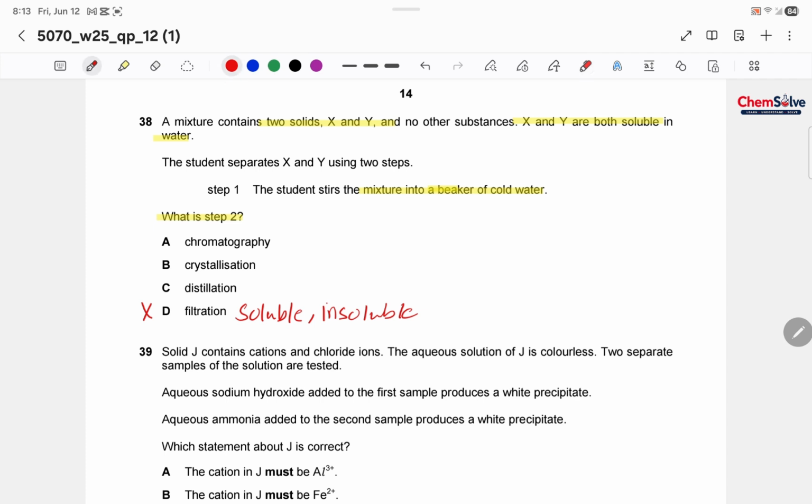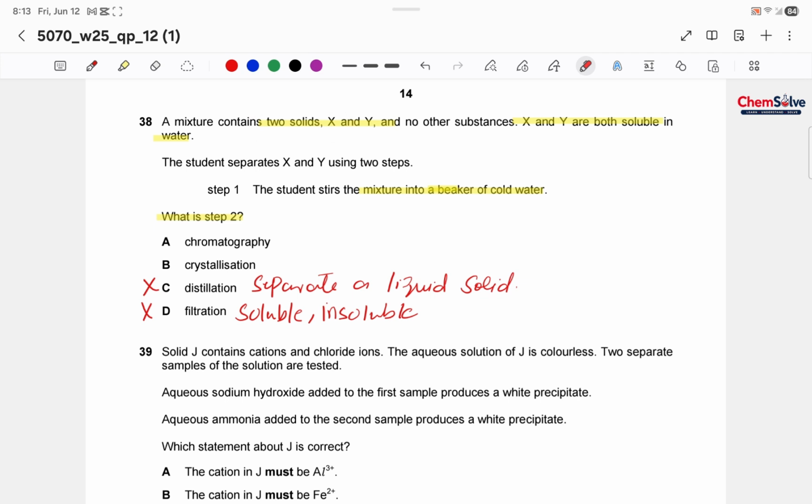Same goes with distillation, because distillation is used to separate a liquid from solid. And according to the examiner, both are solids. So C is not our option.